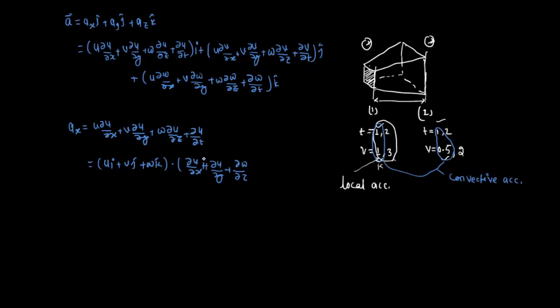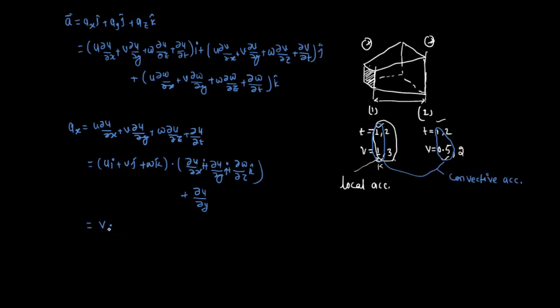Here is i cap, here is j cap, here is k cap, plus del u by del t. If you take the dot product of this, you will get this term here. Now we can present this ui plus vj plus wk as capital V here.